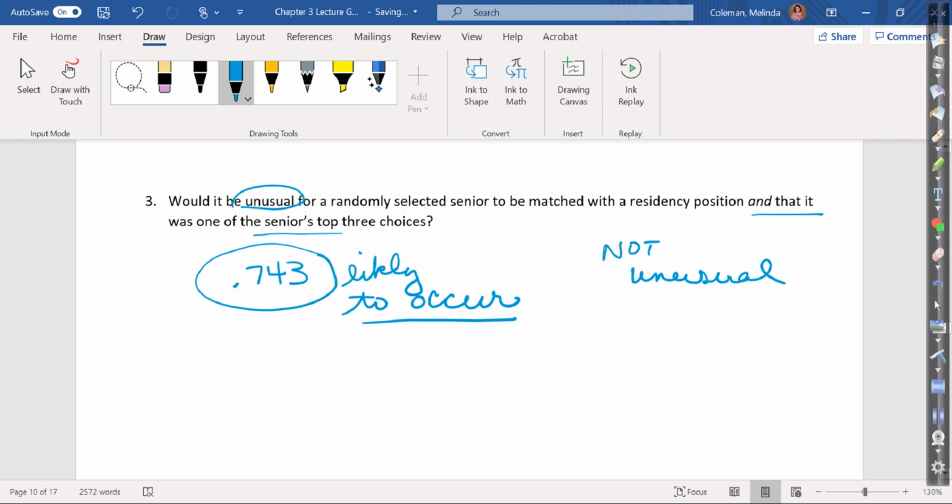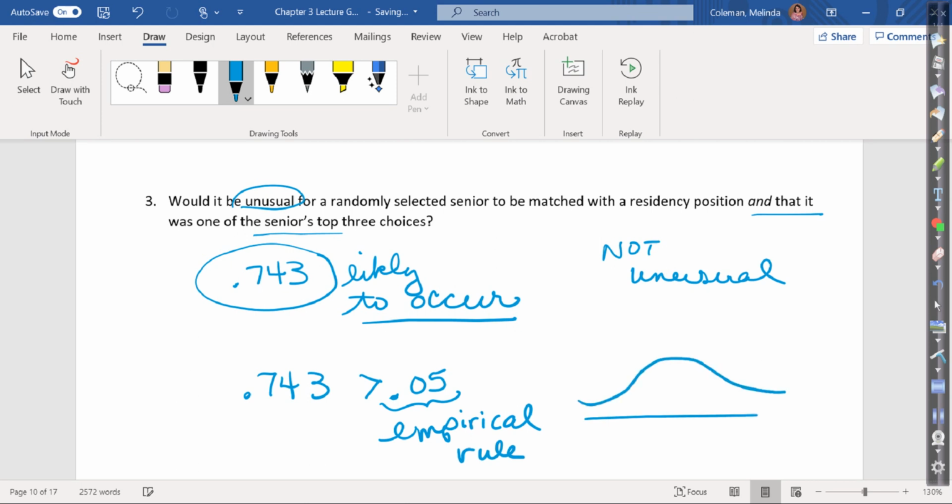You can also look at this in mathematical terms, because 0.743 is greater than the 0.05. This 0.05 comes from the empirical rule, if you remember back from the last chapter. The empirical rule, again, going back to your bell curve, remembering that 68% are in the first, 95% in the second.